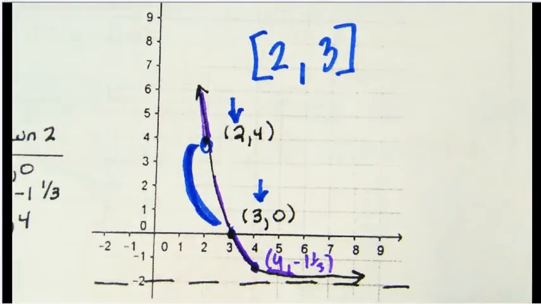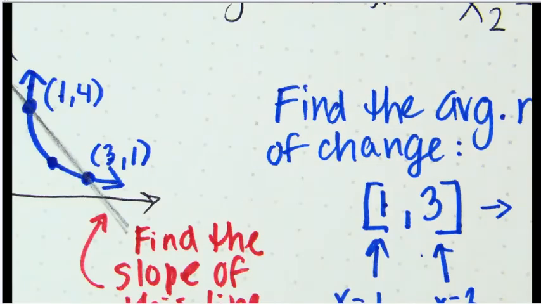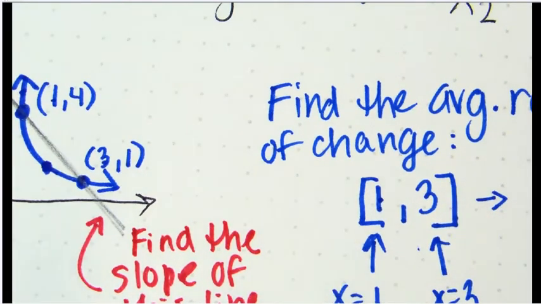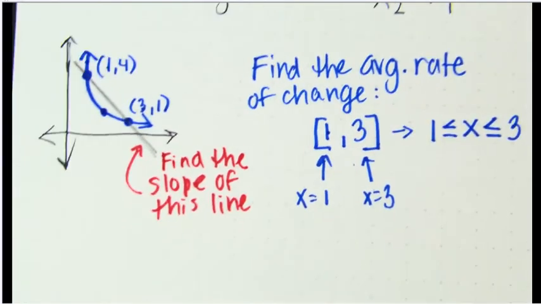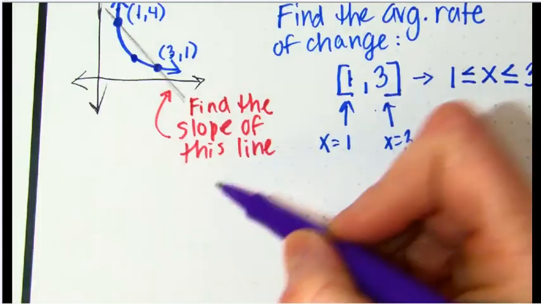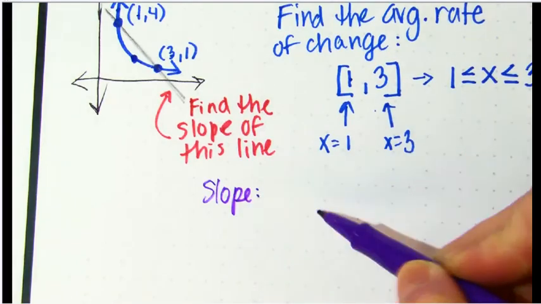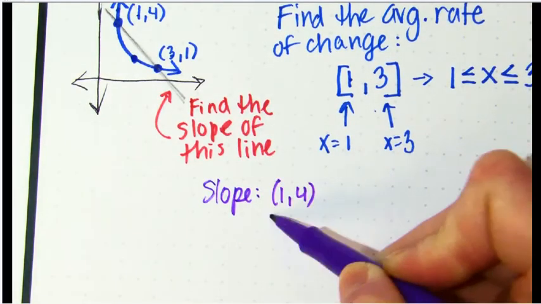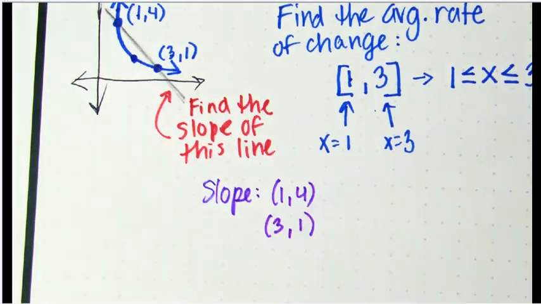All right? Yeah, that's probably the hardest part about this, just getting your head around all the different notation. All right, so having said all that, all we have to do now is take the 2 ordered pairs and find the slope. Okay, so we're going to find the slope of the ordered pairs 1, 4 and 3, 1.